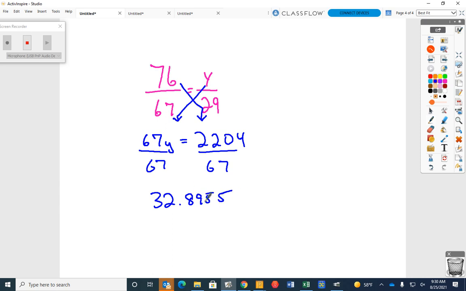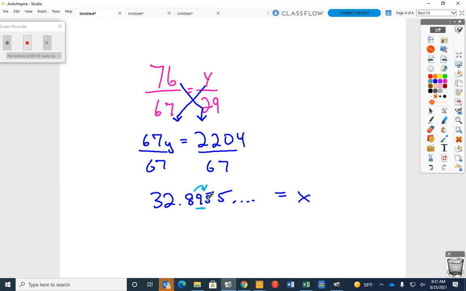This keeps going, right? We don't want to write all those numbers. So on your worksheet, your instructions are going to say round to the nearest hundredth when necessary. Is it necessary here? Definitely. So let's look at our hundredths place. Is this our hundredths? No. This is our hundredths, right? And we look at the number next to it to the right.